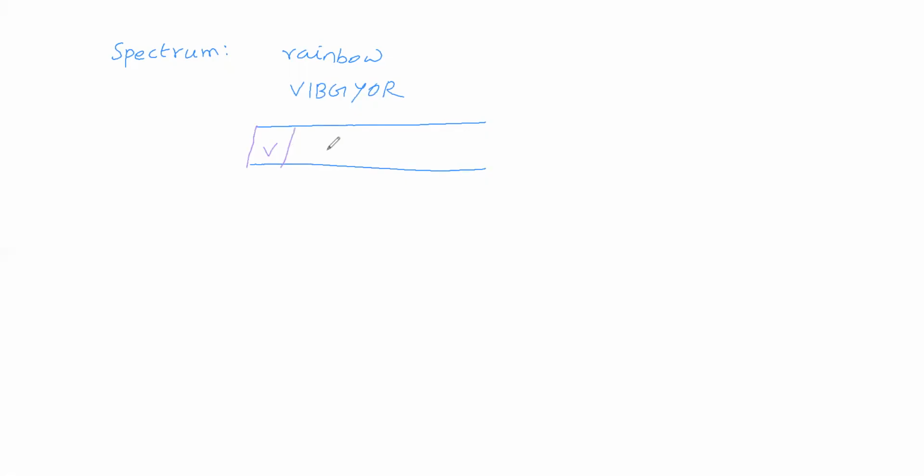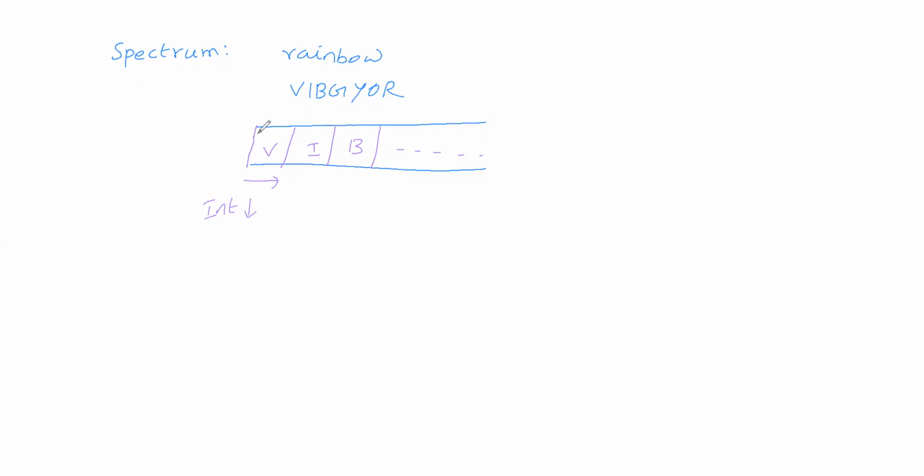Then indigo will be there, over a certain range. Next, over a certain range, blue will be there, and it continues like this. So how is the violet there? If we go from this point to this point, the intensity of violet decreases.